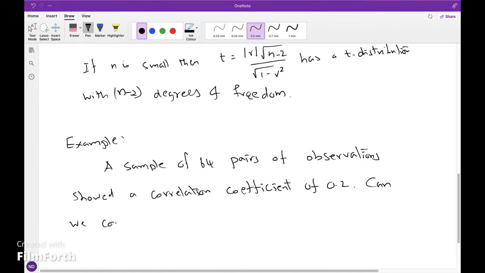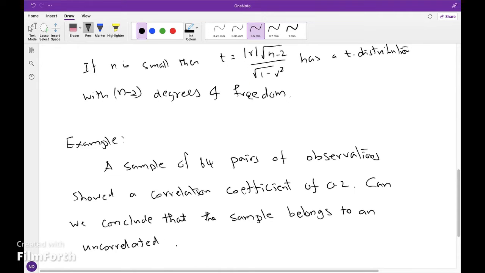Can we conclude that the sample belongs to an uncorrelated population?